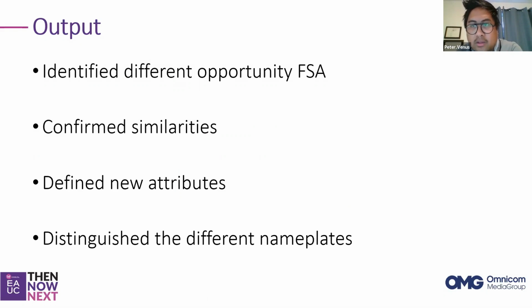At the same time, we did confirm some of those similarities, that we can't deny that there is some overlap that's going to occur, because as a brand, there's a certain draw of a type of people that is drawn to the brand. But at the same time, we did define new attributes that were at the brand level, sometimes surprising. But more importantly, we were able to distinguish the different nameplates by these different attributes.